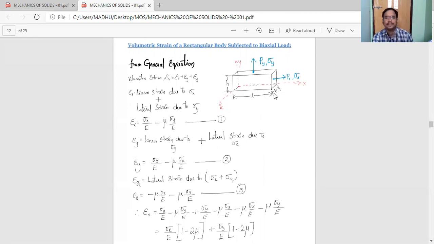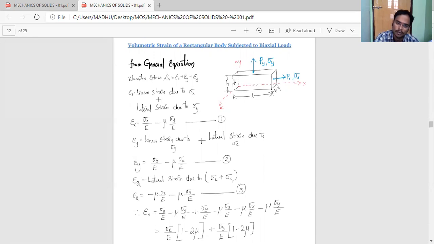The dimensions of the plane normal to the applied load will decrease. It leads to the lateral strain, whereas along its direction, the change is a longitudinal strain.